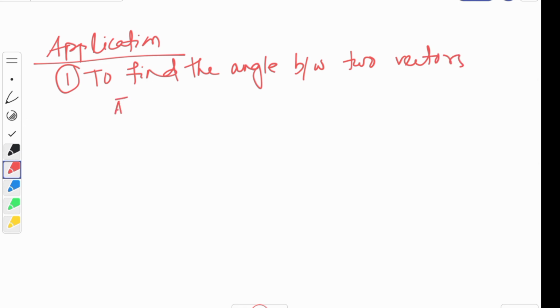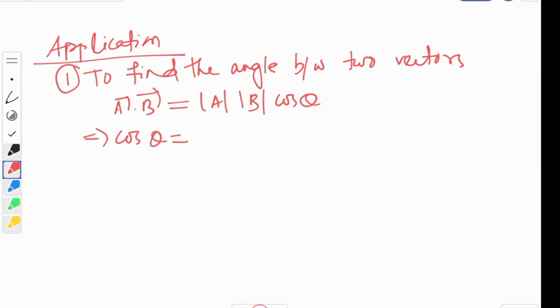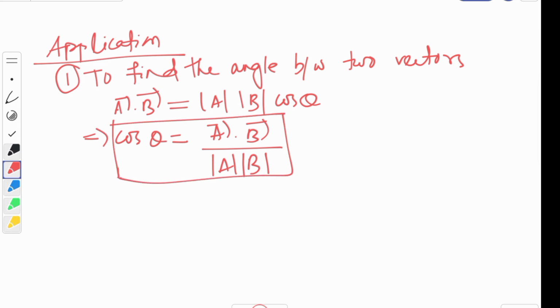We know A dot B is AB cos theta. This thing you know. So that means we can write cos theta is equal to A dot B divided by the product of the magnitudes. This is the value. We can find out the angle.